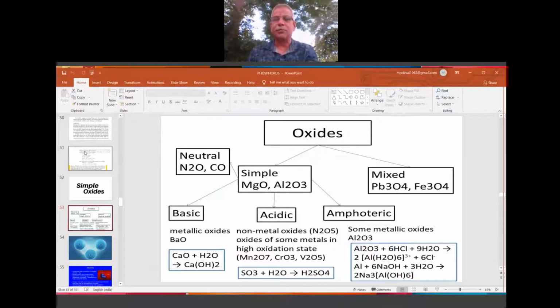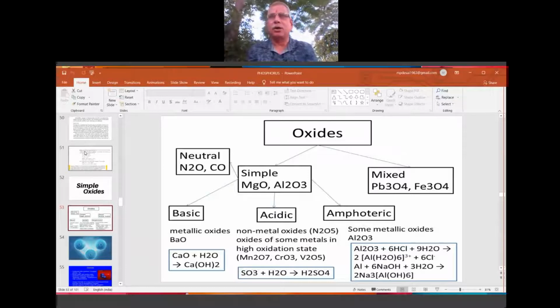Their role is different; we come across them in different areas. So on different grounds we classify them as acidic, basic, neutral, amphoteric. And one more classification: normal oxides, peroxides, superoxides.